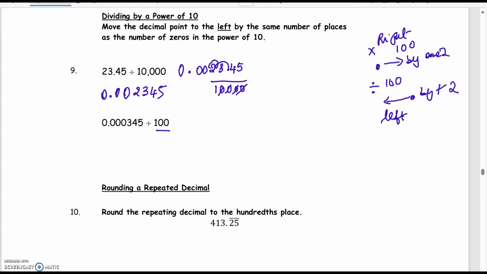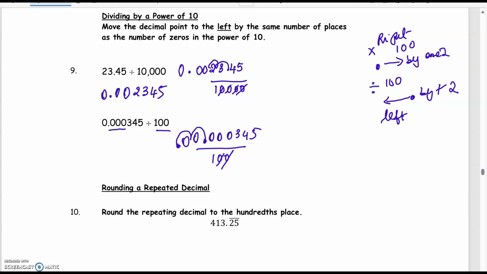Now what if we divide 0.000345 by 100? So for every 0 in the denominator, we shift the decimal point to the left by 1 place value. So we added 2 more zeros.